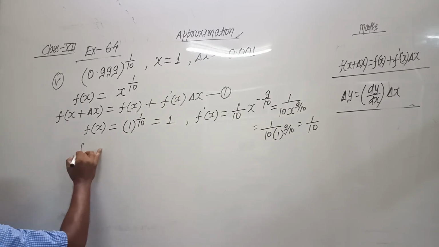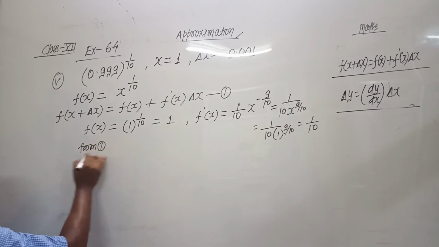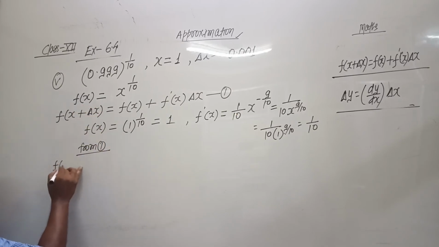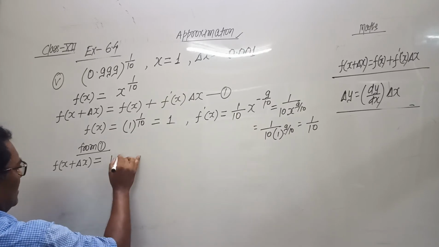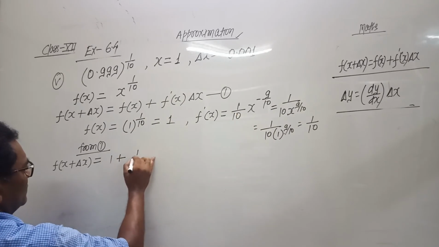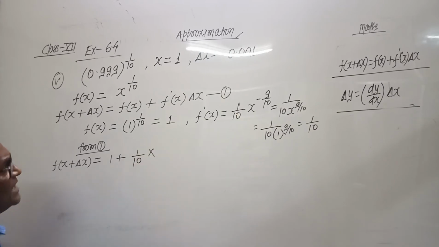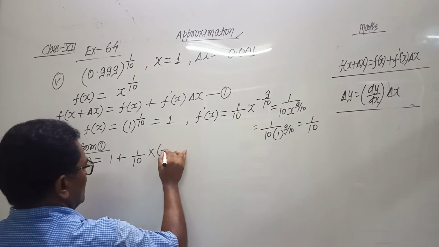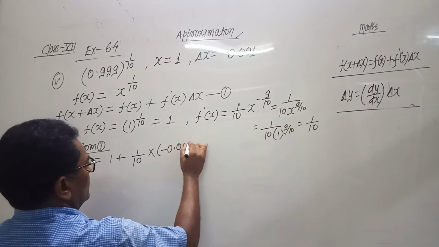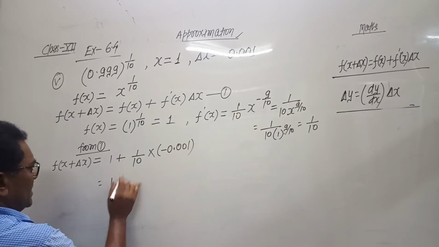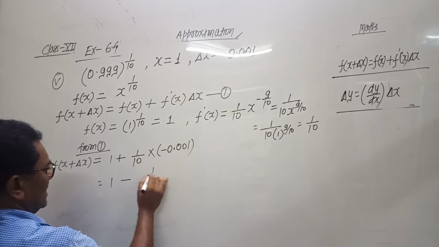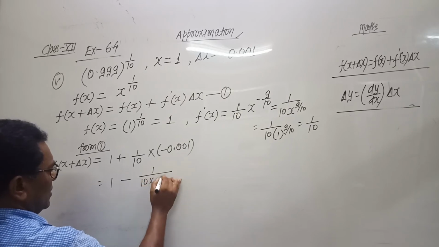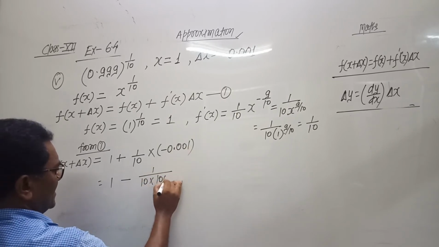Then put the value in equation number 1. So f of x plus delta x, the value of f x we have calculated is 1, plus f dash x is 1 by 10, and the value of delta x is minus 0.001. So we get 1 plus minus minus, remove the decimal, so 1 upon 10 into 1 and triple 0.